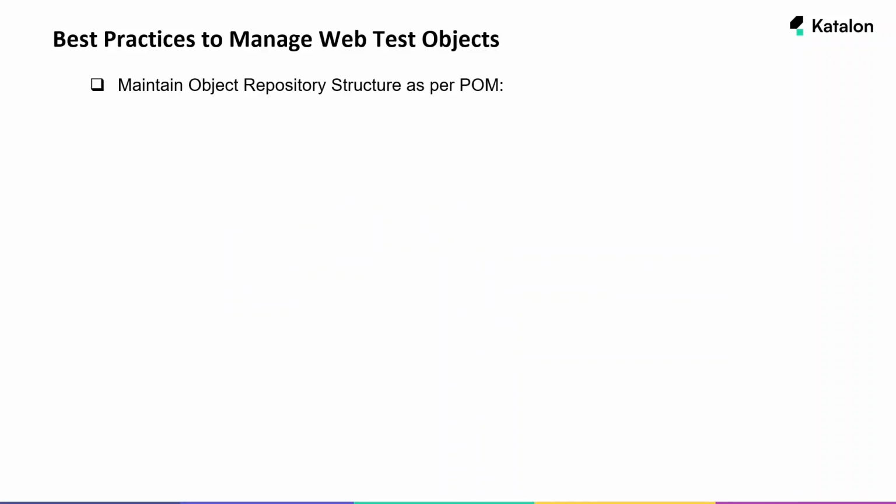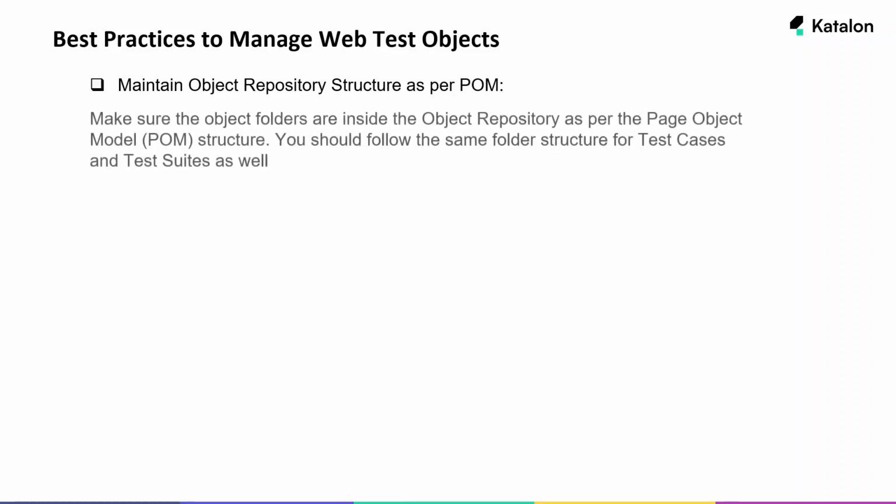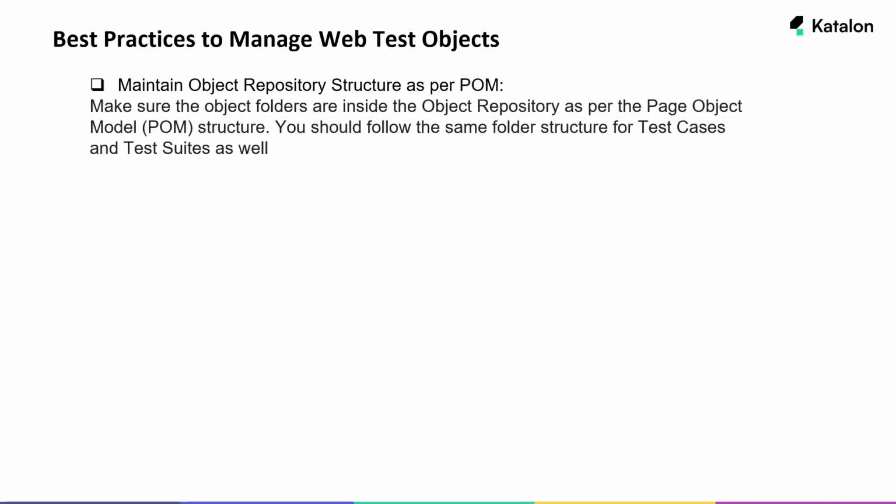Maintain object repository structure as per page object model. So you need to make sure the object folders are inside the object repository as per the page object model structure. So you should follow the same folder structure for the test cases and test suites as well.